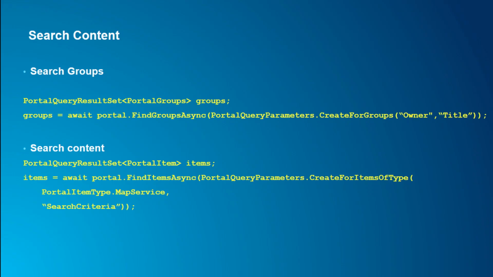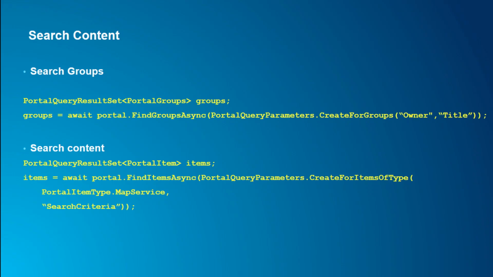We've passed in here along the bottom, portal item type of map service. And then after that, we've passed in a string, which is a search term, and that search term would go against any tags or titles which we had attached to that content. So in this scenario, we would only return items which are of map service and have a title or tag which has a string of search criteria.